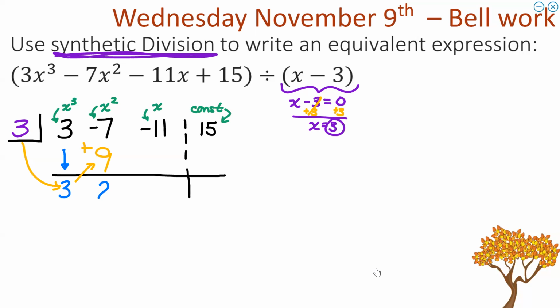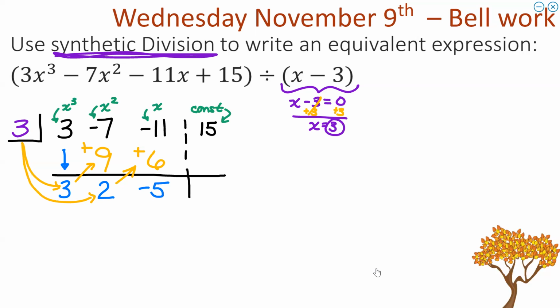Two. And I'm not sure if anybody else said that. I heard little whispers, but I couldn't hear any numbers. So I apologize if you said it and I didn't hear you. What do I do next? 3 times 2. What is 3 times 2? 6. I write that down right here and I add it to the number up above. -5.